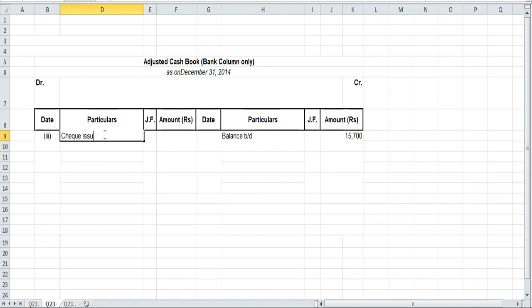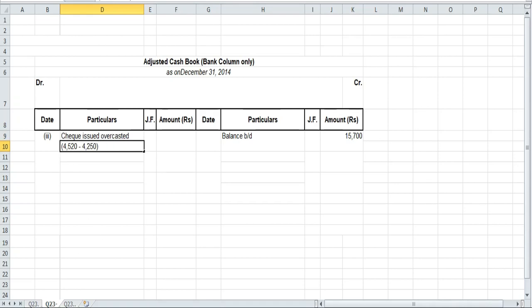check issued over casted. Okay, and in bracket we'll write down 4520 minus 4250. Okay, now why we wrote here overcasted?